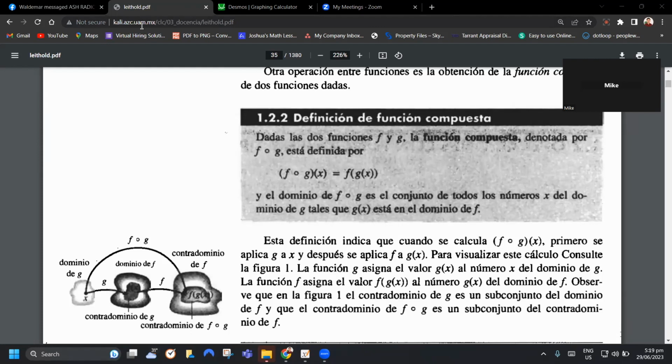It can be thought of as two functions in sequence. First, g maps x in the domain into the range of g, and then f maps the result from the range of g to the range of f.